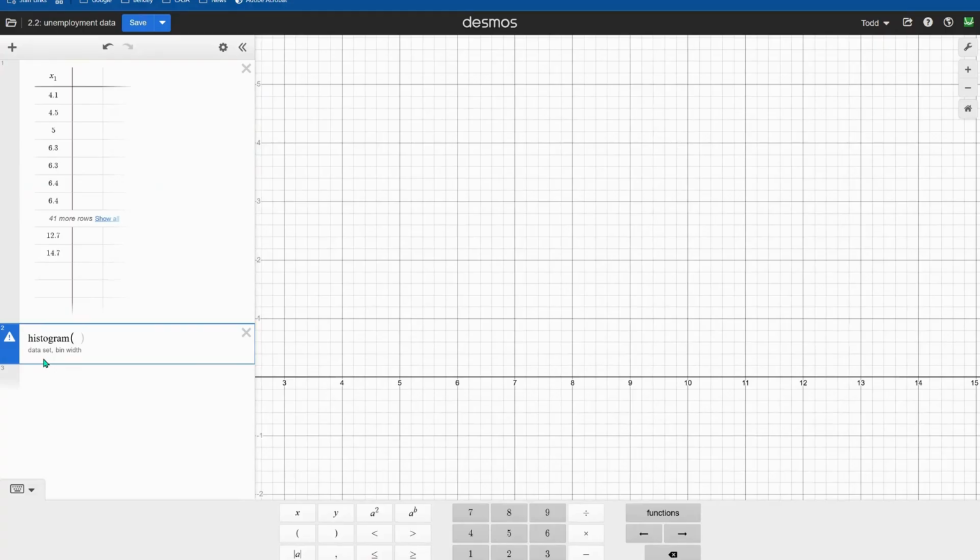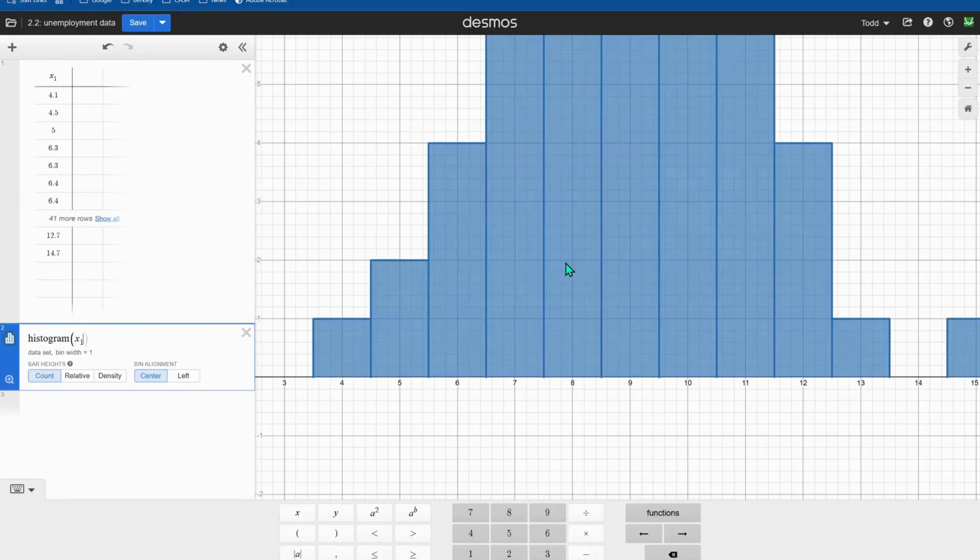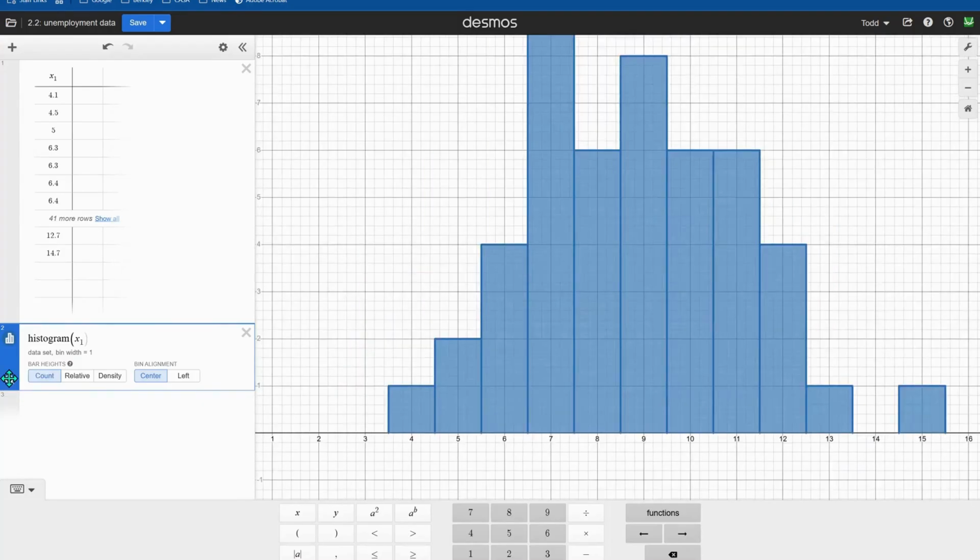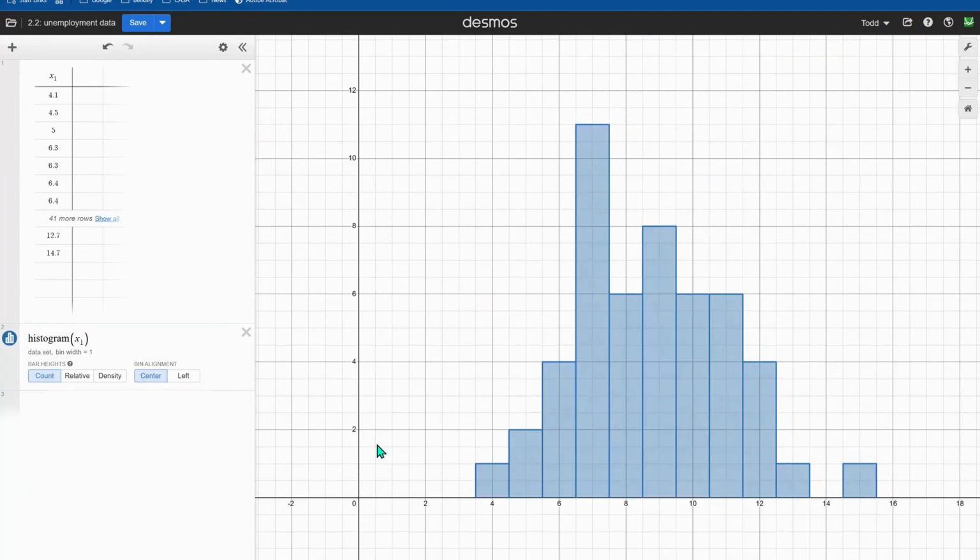The data set we called X1. And there you see the histogram. If I hit the zoom fit button, we can get an idea of what that histogram looks like. And what do we see? Well, it's certainly sort of mound-ish, kind of bell-shaped, except for this little part here.